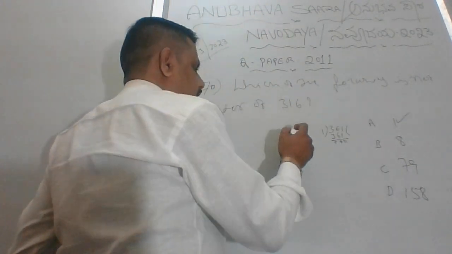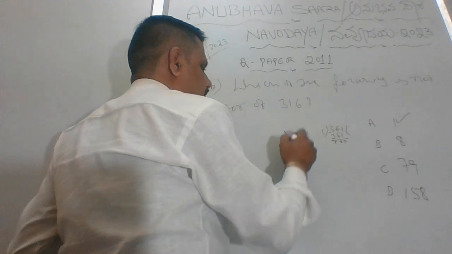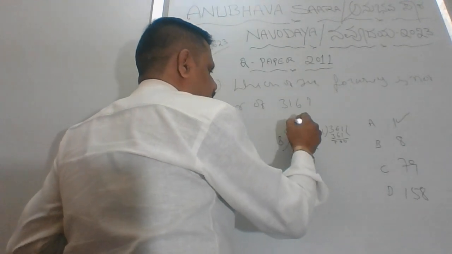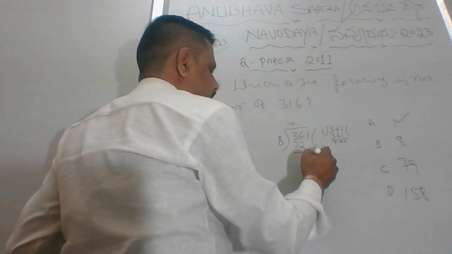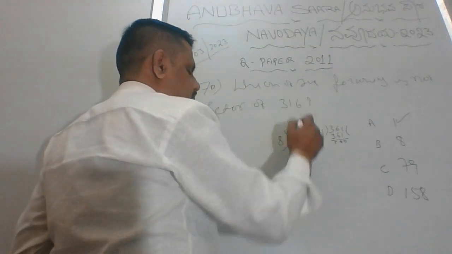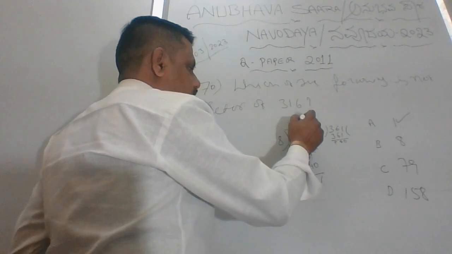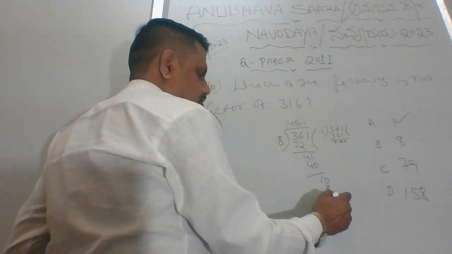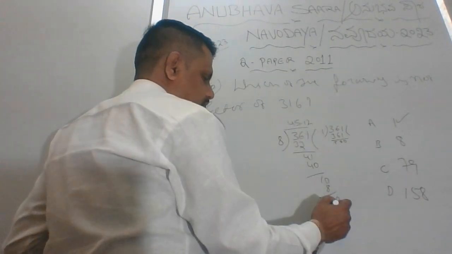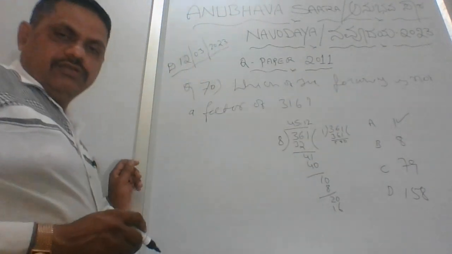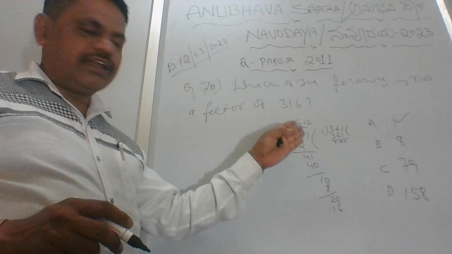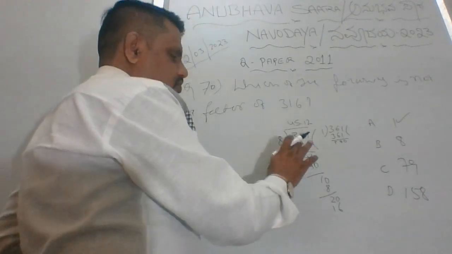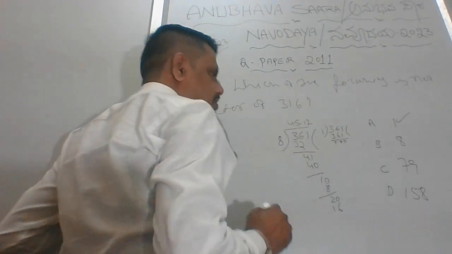Then we'll come to 8. 316 by 8: 8 4s are 32, then 41. 8 5s are 40, remainder 1, then we get 10. 8 1s are 8, again we get 2, 0. 8 2s are 16. It goes on again with the decimals, so it's not required. After you get two digits, that's enough. So you can understand this is not a factor of 316.